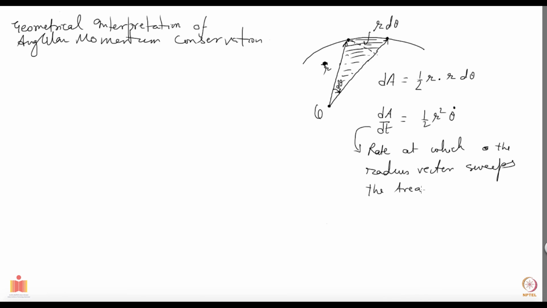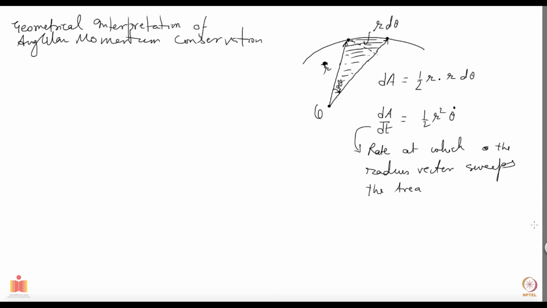Okay, so when this particle is moving, the radius vector is moving, it's sweeping some area, and this gives the rate at which that area is swept.